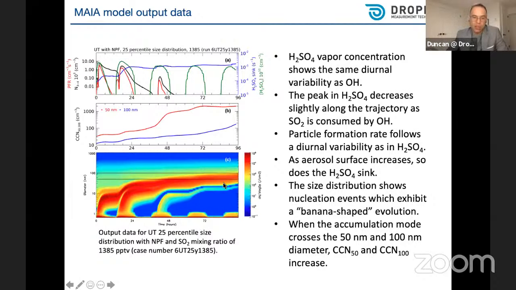And that's because the particles are growing and their surface area increases. So the sulfuric acid condenses on these particles rather than contributing to the formation of new particles.